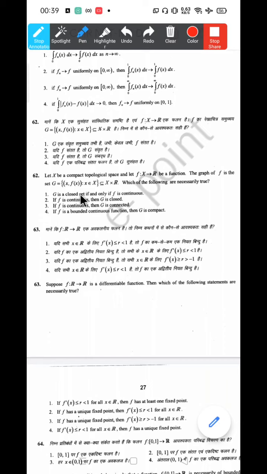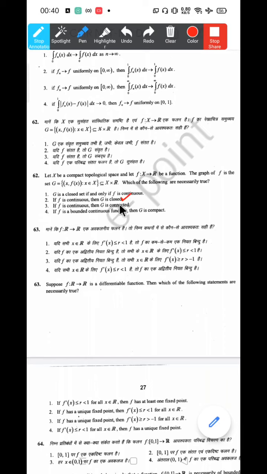The graph is a closed set, that is actually seen from here. A closed set if and only if the function is continuous. No, if suppose function is continuous, then it is closed. Okay, this is true.